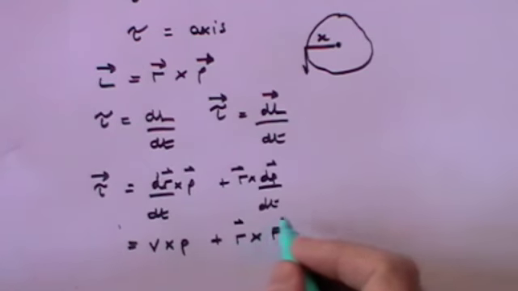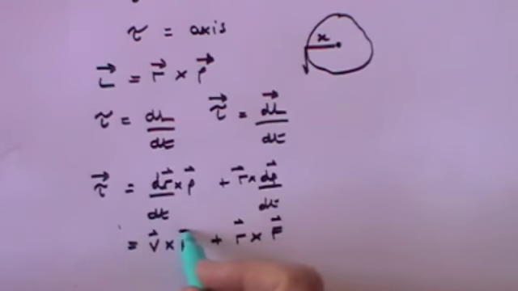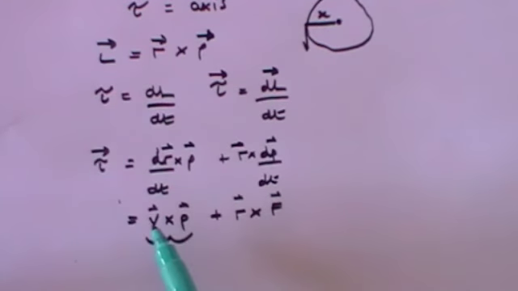Force. So you get a velocity vector cross the momentum vector plus r cross F. But this is going to be 0. Why? Because momentum is mass times velocity, and so you've got essentially a velocity cross velocity product.